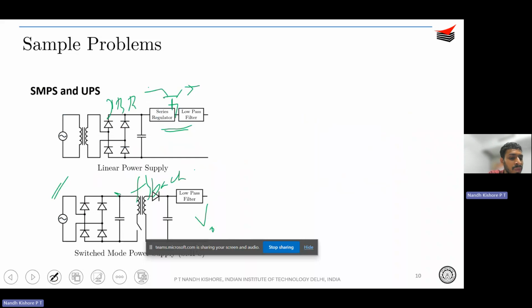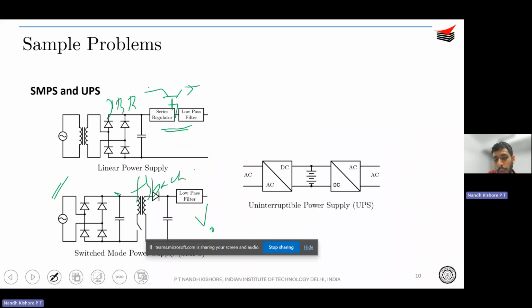Whereas in UPS, you have an AC to DC conversion, and after that, your idea is you store the energy in a battery, correct? You obtain a voltage over here, and you store the energy in a battery. So when your power goes off, when your AC goes off, this battery is able to supply your load.